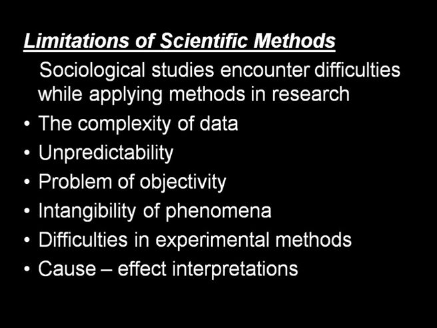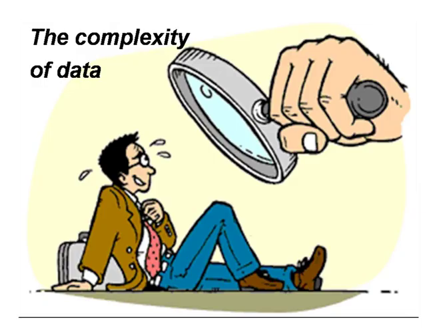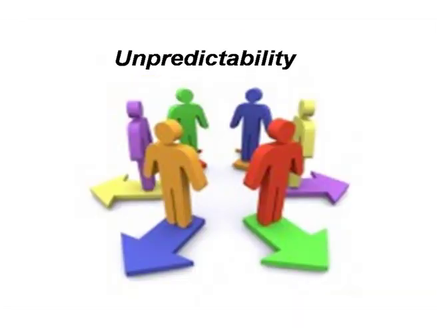The first limitation is the complexity of data. Social research is about man and his social behavior, hence interpreting and generalizing is difficult. Secondly, unpredictability. Man's behavior cannot be predicted even if generalizations are made based on data. Since human behavior is subject to high variations, prediction at a high degree is difficult.